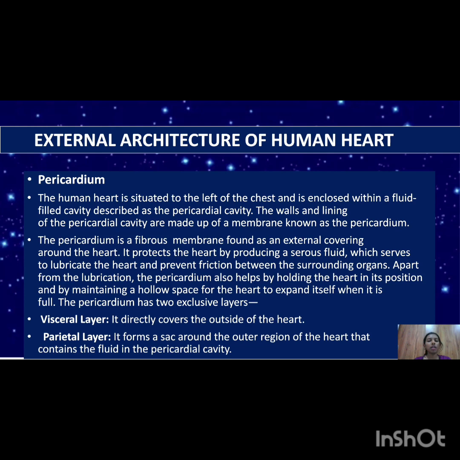It protects the heart by producing a serous fluid which serves to lubricate the heart and prevent friction between the surrounding organs. Apart from the lubrication, the pericardium also helps by holding the heart in its position and by maintaining a hollow space for the heart to expand itself when it is full.